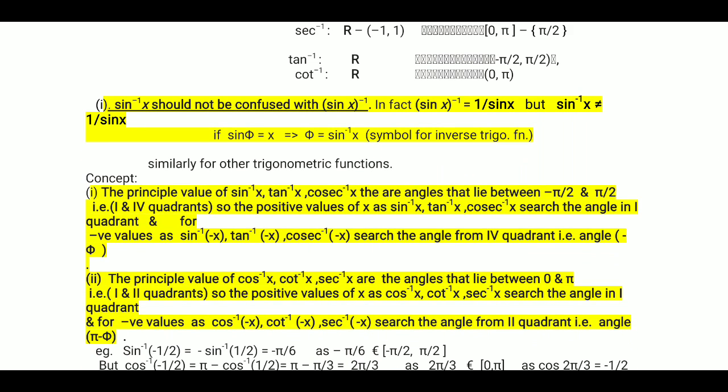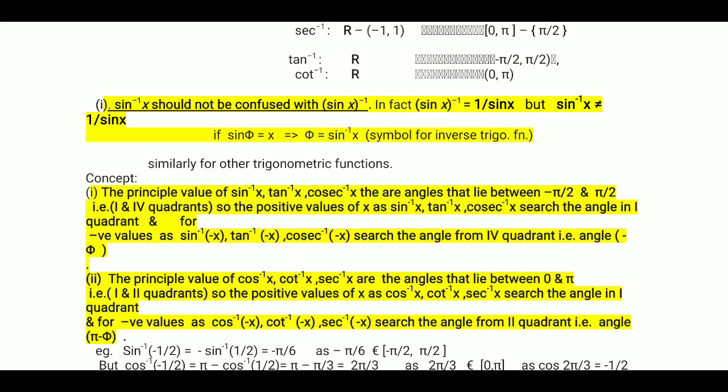Now a concept is there. The principal values of sine inverse, tan inverse, cosec inverse are the angles that lie between -π/2 and π/2. The principal value branch of these three is closed interval -π/2 to π/2. That means first and fourth quadrant.